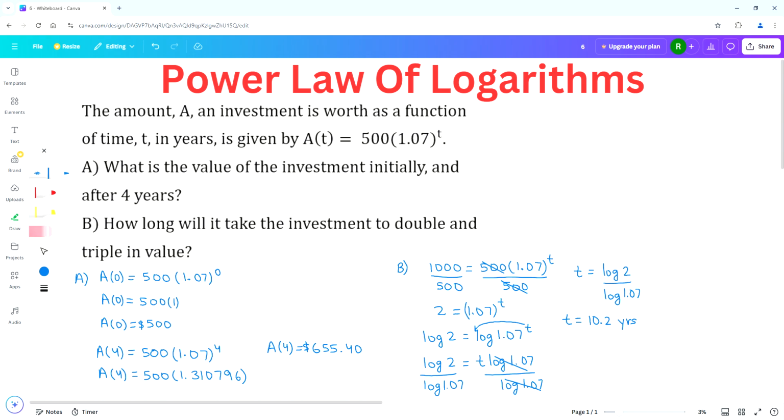Next, we can solve for the time it will take the investment to triple. The initial value of the investment is $500, so the triple value will be $1,500. We should sub in A at t as 1500 on the left side of the given equation.